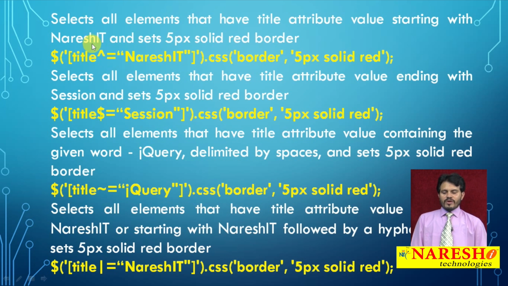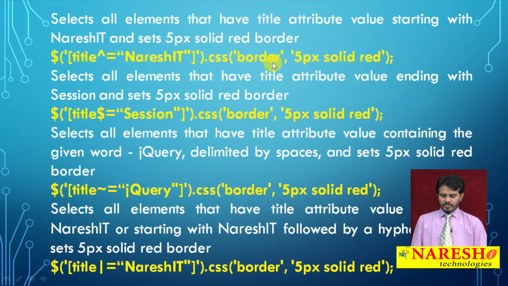So this is the example: dollar of title, caret symbol equals to Naresh IT, dot the action method, which is css. This is my method which is going to apply some action, the CSS border value.